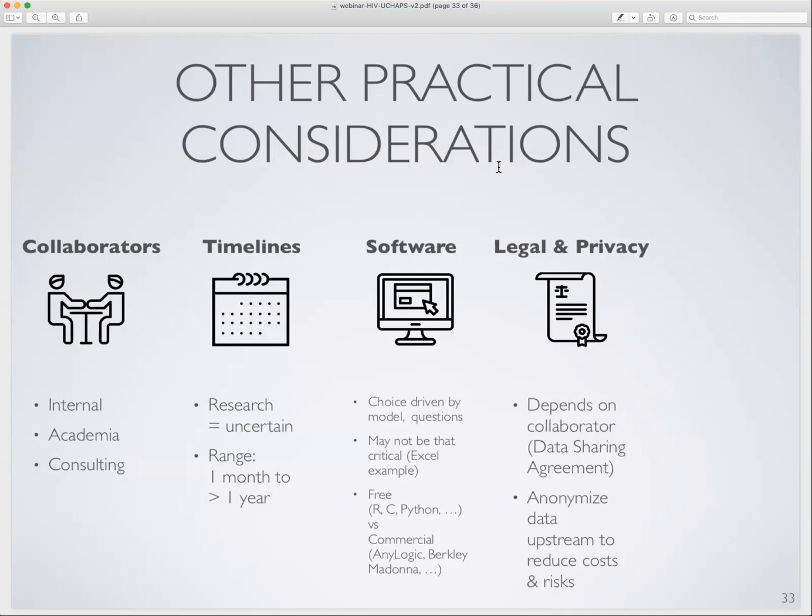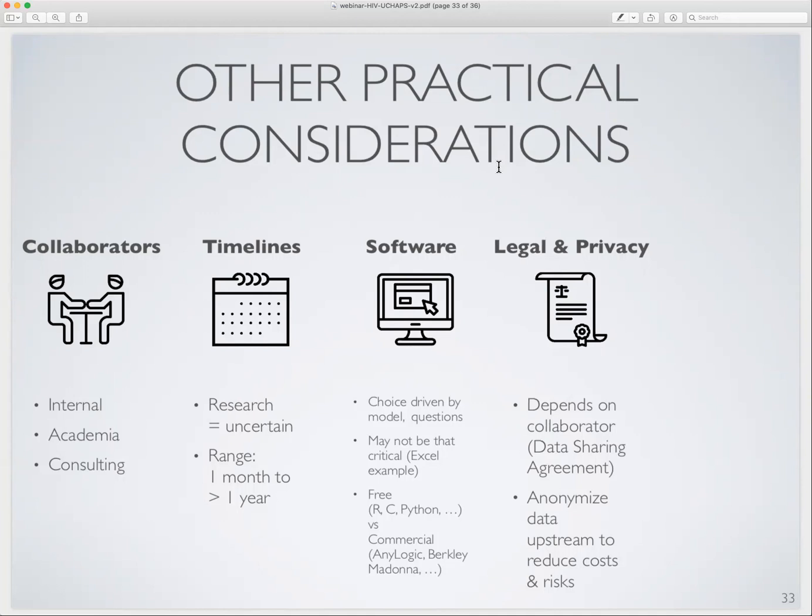Legal considerations can be very important. This is usually driven by data privacy, in my experience. And depending on your institution, and also the modeler's institution, that process can be more or less tedious. There are ways to make this legal and privacy process smoother.